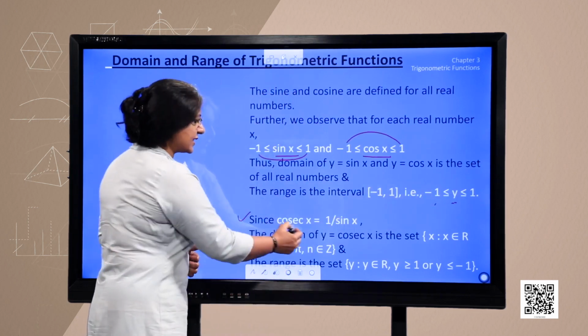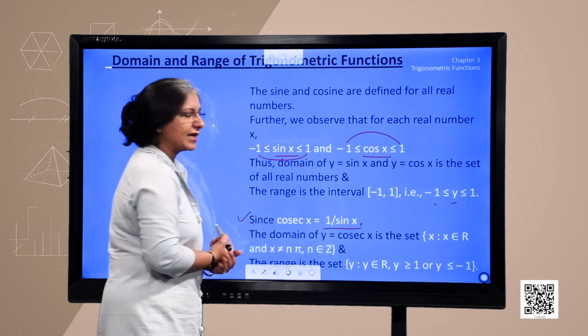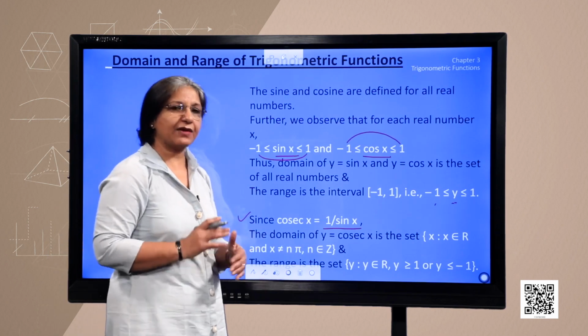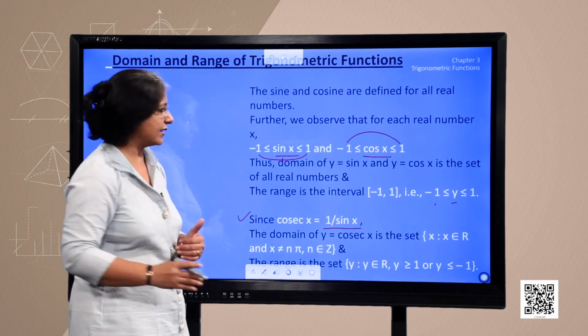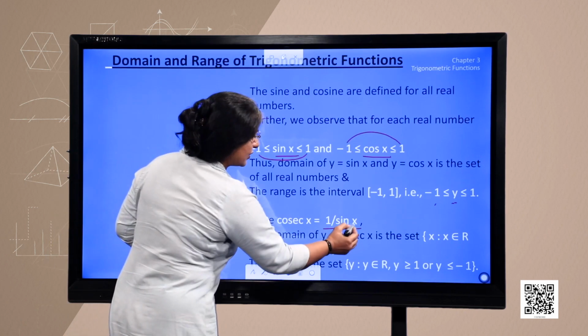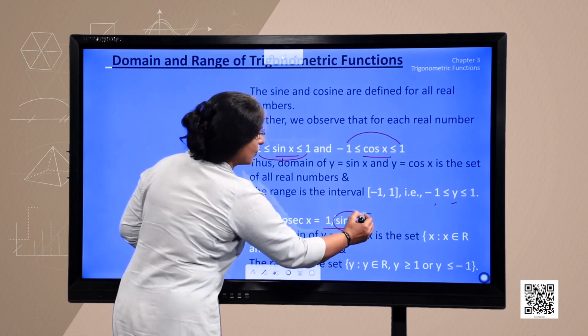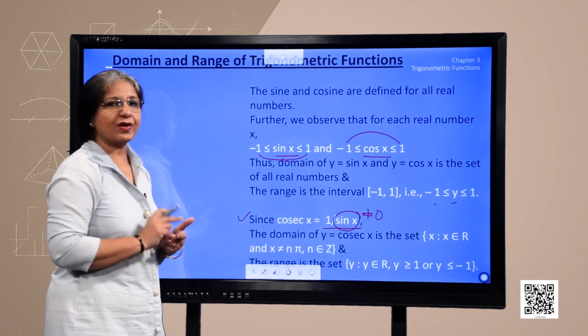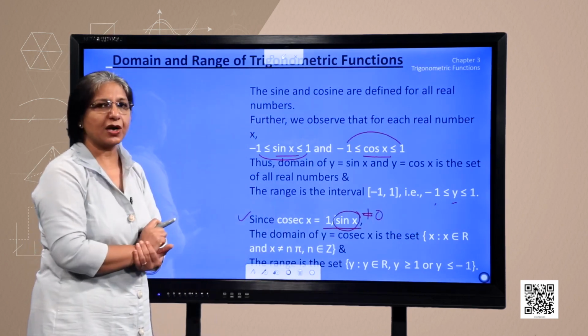Similarly, for cosec x, which is 1 upon sin x, we exclude the points where the function is not defined. Here sin x should not be equal to 0, and sin x is 0 when x is an integral multiple of pi.